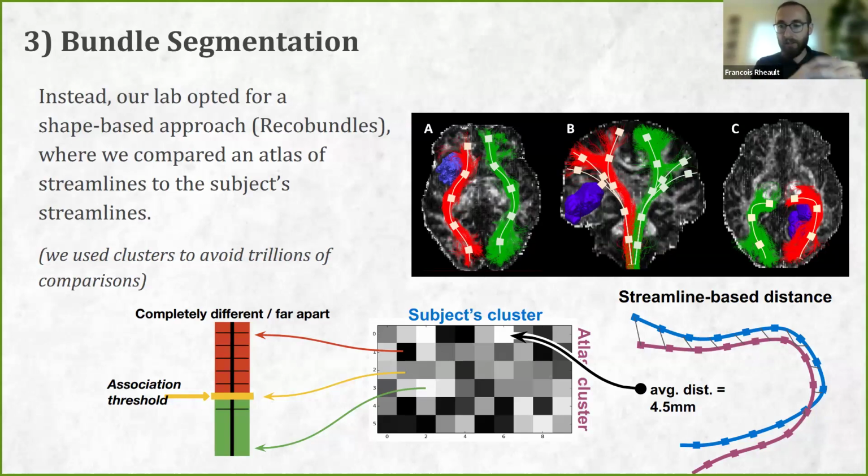Instead of having thousands of streamlines in the atlas and millions of streamlines in your tractogram, we end up with a few thousand streamlines in each, and then we have a few million comparisons of cluster to cluster. And the idea is that with the streamline-based distance, we can associate them and say, this atlas looks like these streamlines, and we have a segmentation.